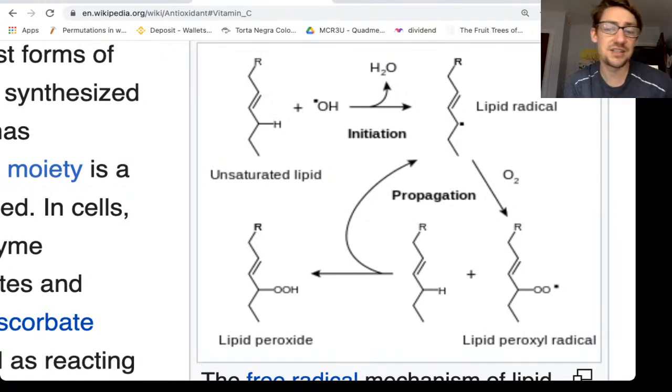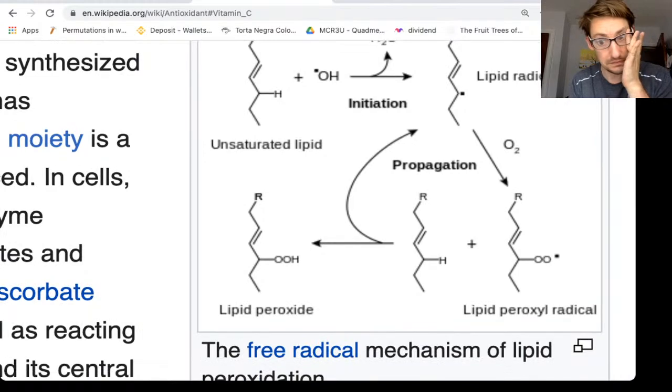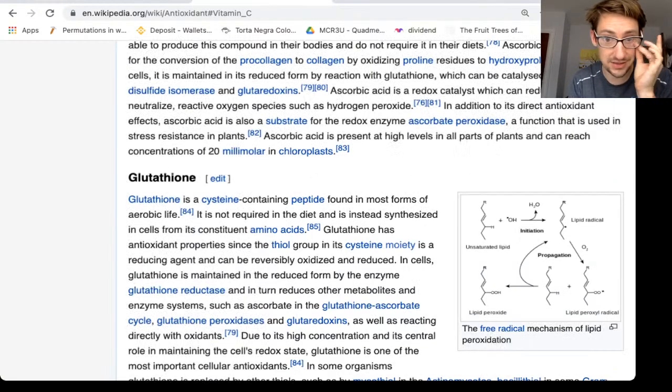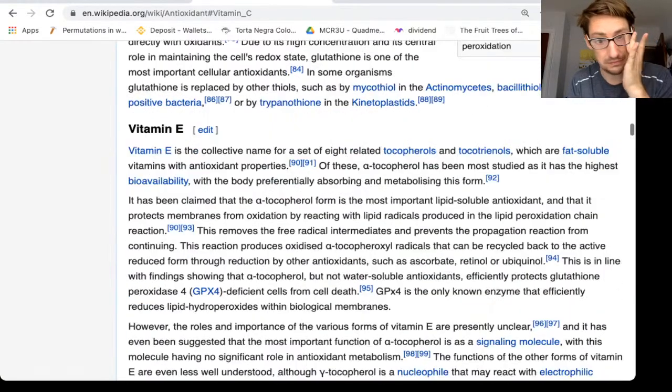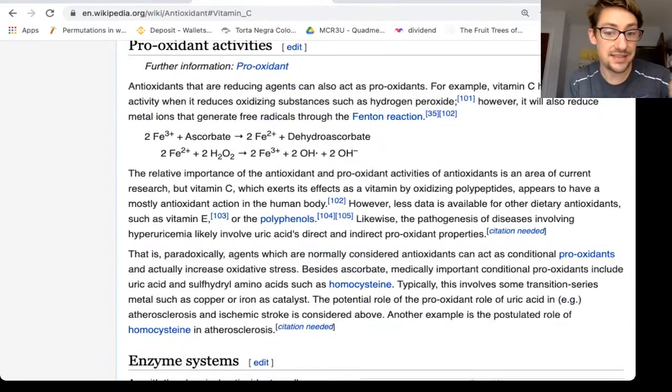But yes, it does produce a new radical at the end of that reaction. But oxygen gas can also be considered a diradical. And oh no, that's just some, yeah, to tell you the truth, I don't know.